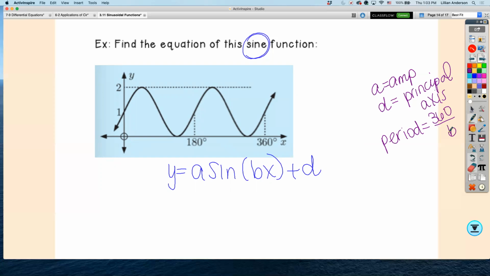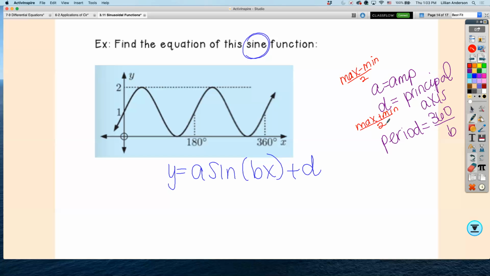Now, we do have formulas to find the amplitude and the principal axis, just in case you can't visually see it in the picture. Remember, amplitude is found by doing max minus min divided by 2, and your principal axis is found by doing max plus min divided by 2. These formulas are good just in case you can't visually see what the principal axis or the amplitude is. So you have 2 ways to do it, looking or formula.